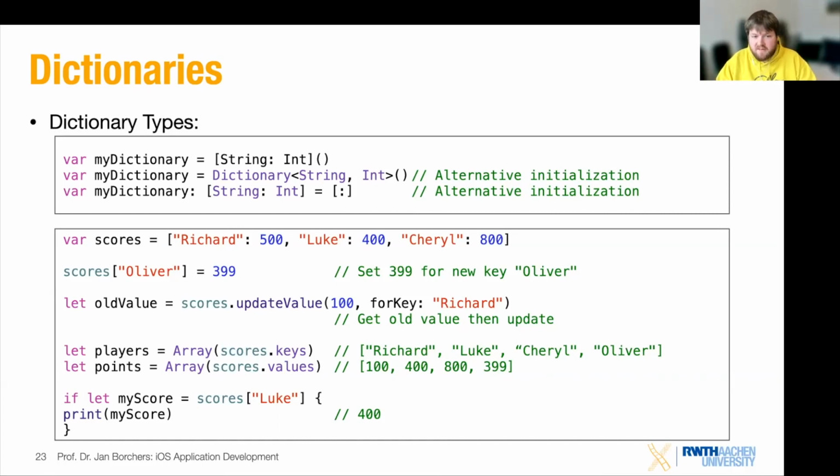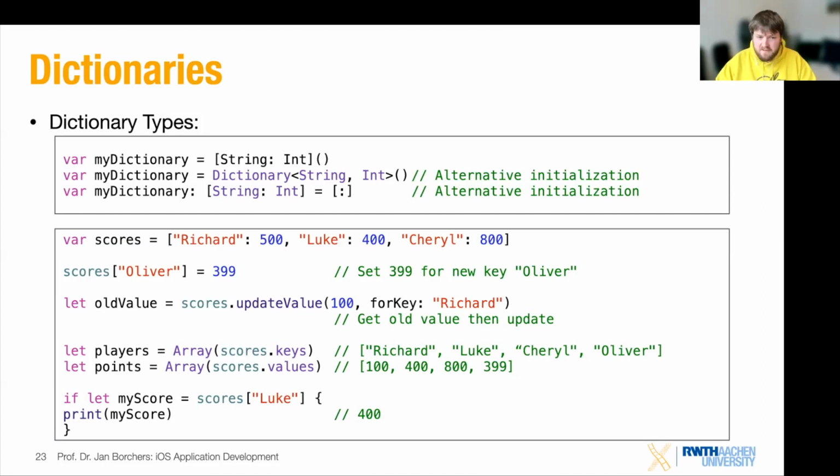But what it also does is return the original value that was in there. So on the left-hand side, we assign a new constant with the old value, and that old value will have the value 500, because before we updated the value, Richard was associated with the score 500.